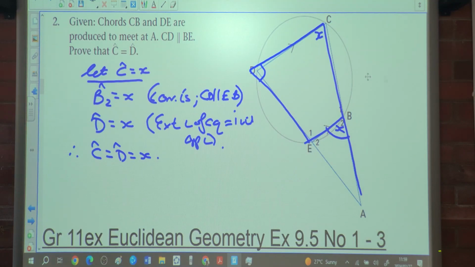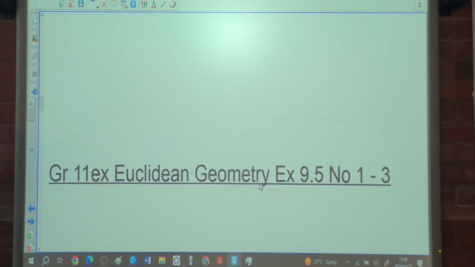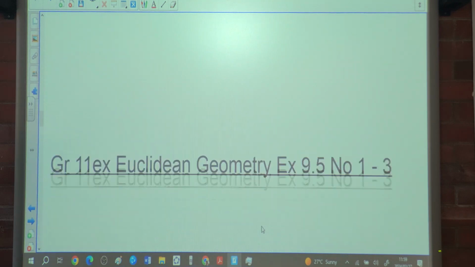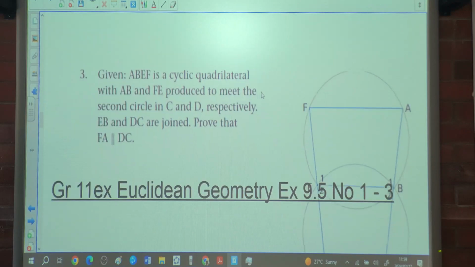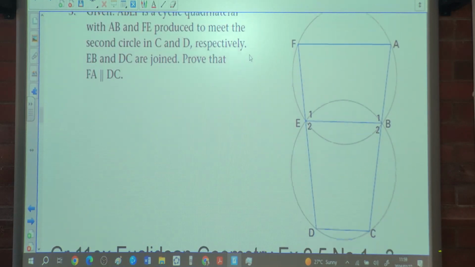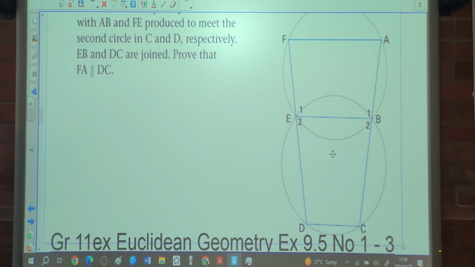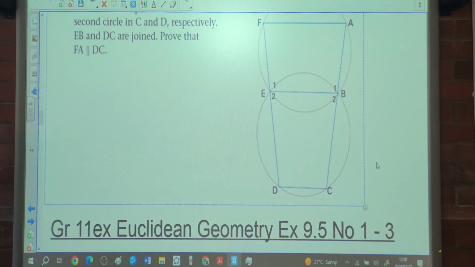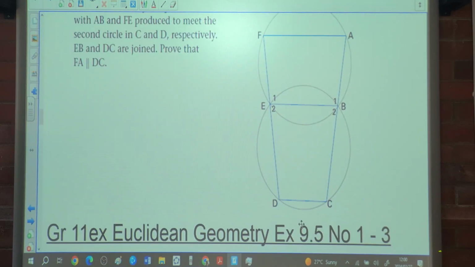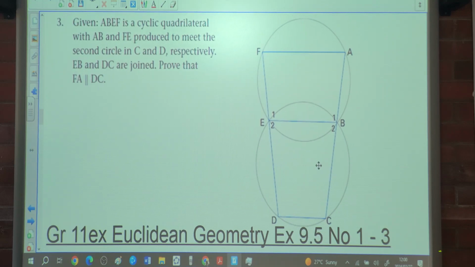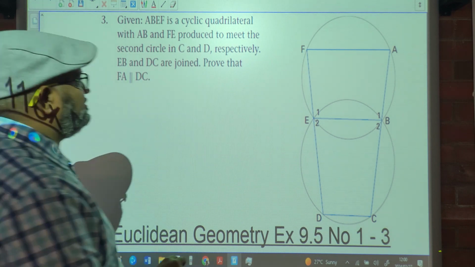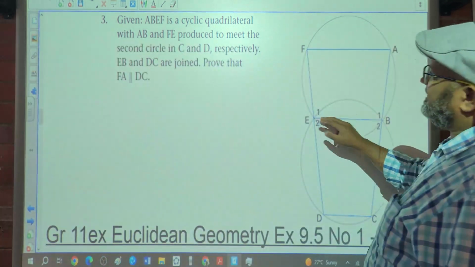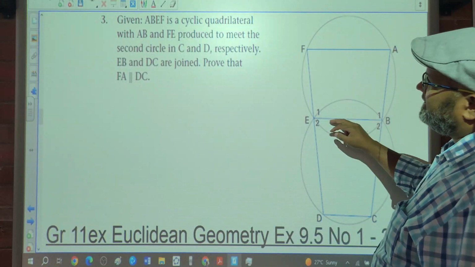Now I should do number 3 as well. Number 3, we are told that ABEF is a cyclic quad.